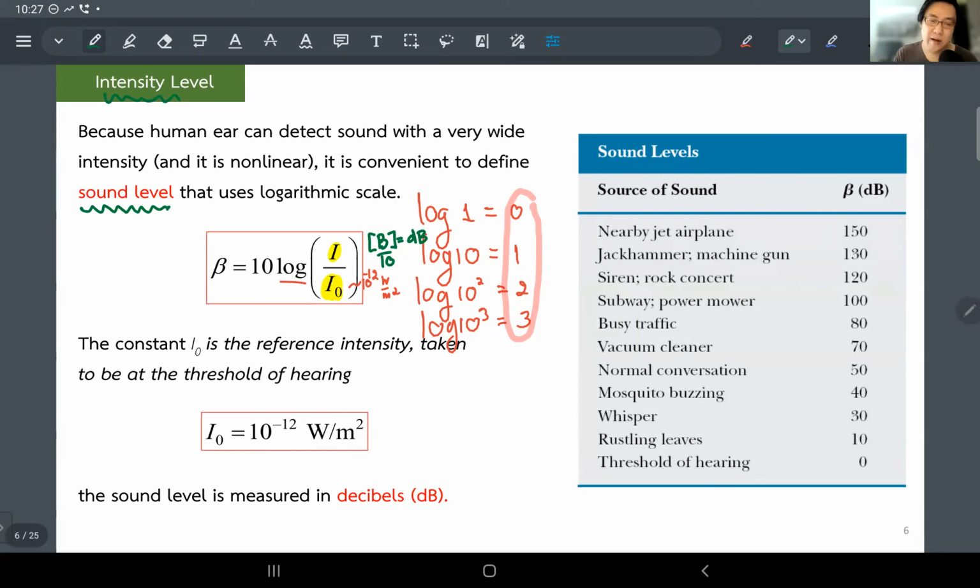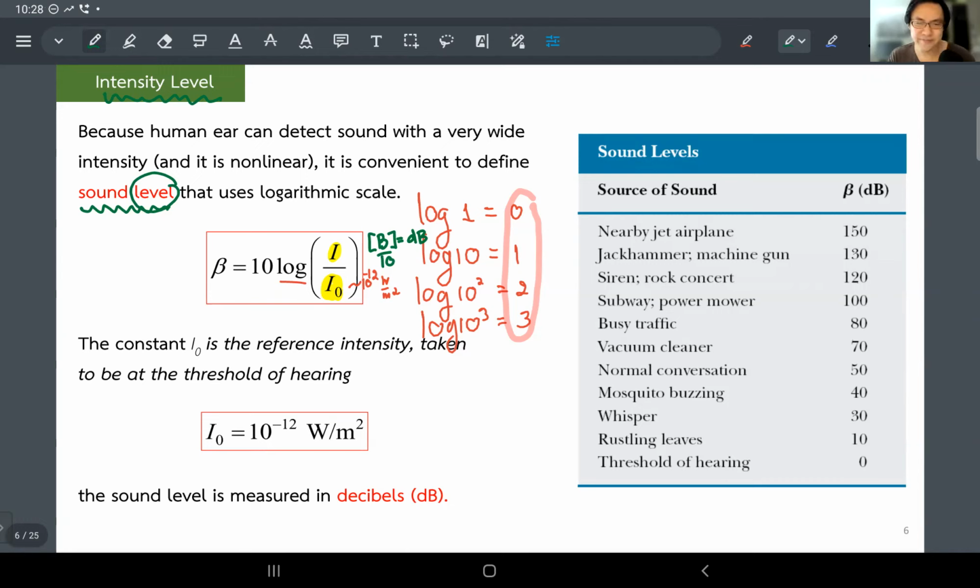But because we already defined the intensity, and it's a long word to speak out, intensity level, to distinguish between the two, most of the time people just use level to refer to the intensity level, and use intensity just for the I, just the intensity.